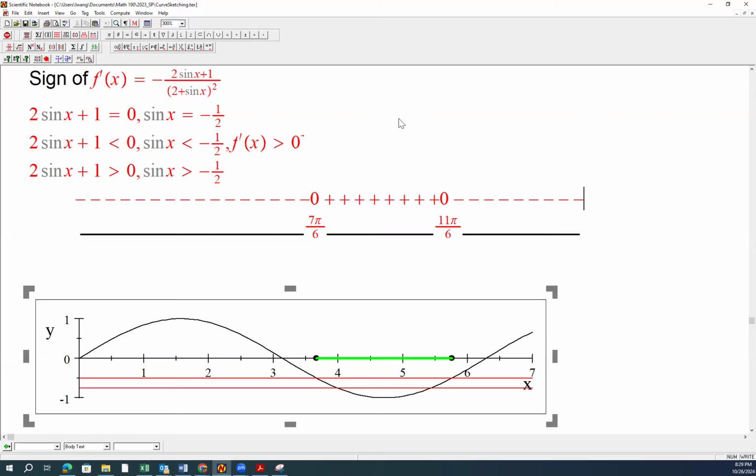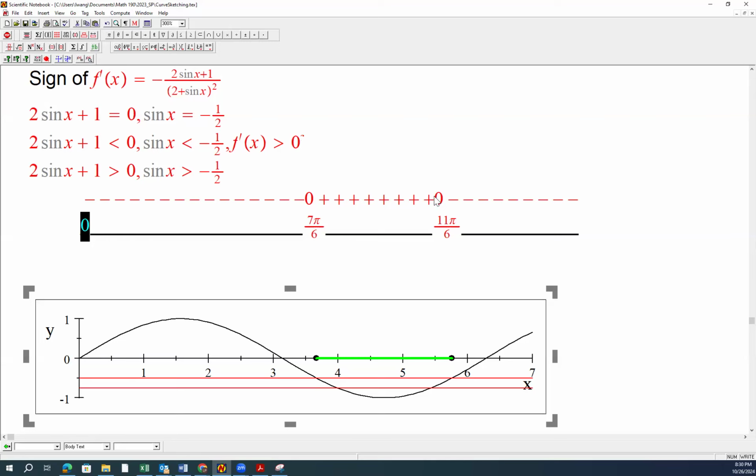And periodically, say from 0 to 7 pi over 6, this is negative.